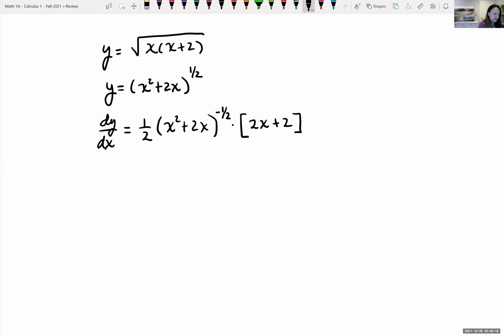Okay, so let's rewrite this. We can factor out a 2 from this bracket. And notice when we pull out that 2, it's going to cancel with a 2 in here.